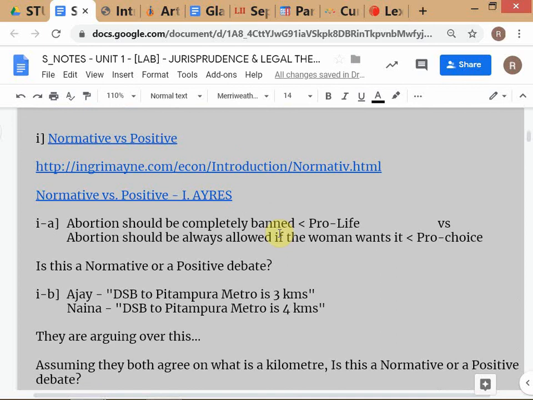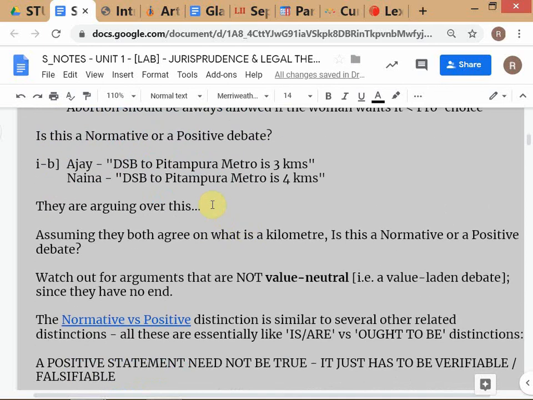So this abortion debate is a normative debate. Now, what about this? Is this a debate about a positive question? Positive. It's a positive question. We should not say it's a positive debate; actually, this is not the right way to word it.